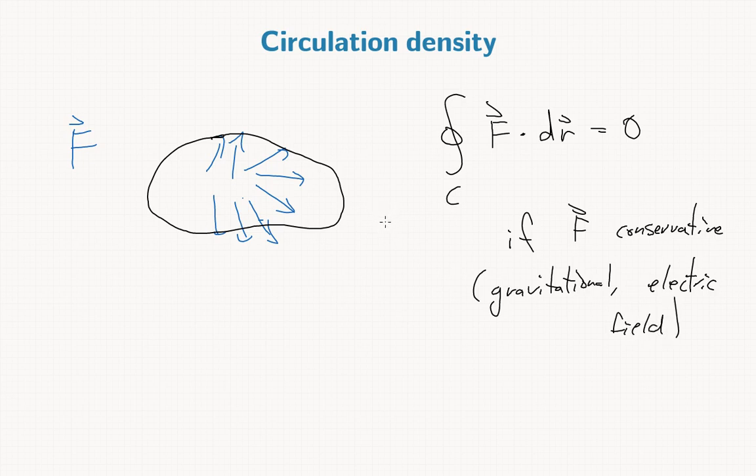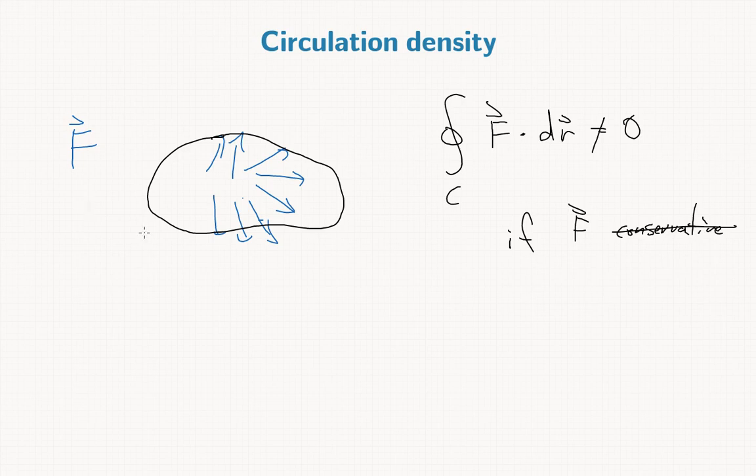But there are also many physically relevant examples where this will not be 0 and the vector field will not be conservative. So for instance, if this F is the velocity field of a fluid, then this integral will represent the circulation of the fluid.